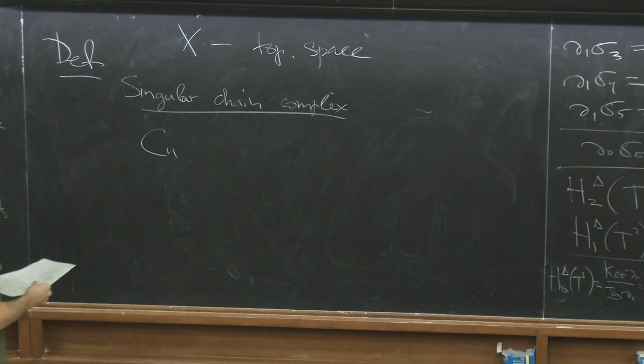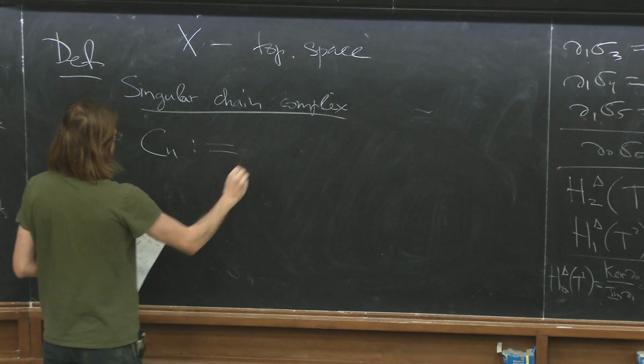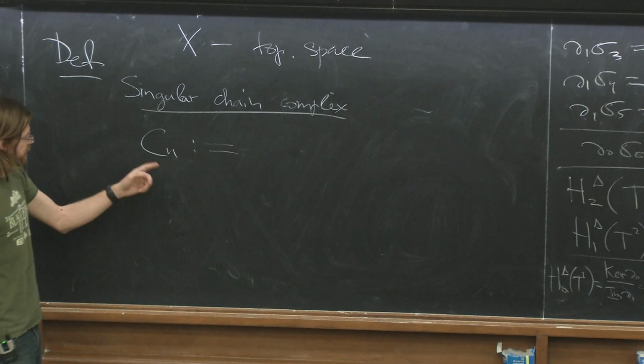In general, a chain complex is a sequence of abelian groups labeled by integers.